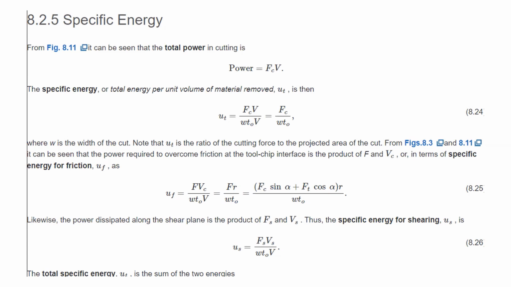For our case, FC is the cutting force. Cutting force multiplied by the speed equals the power. Do you agree? Someone might say, oh, there is a time t. Okay, if you count time t, F times V times t, V times t equals the distance the tool is going.